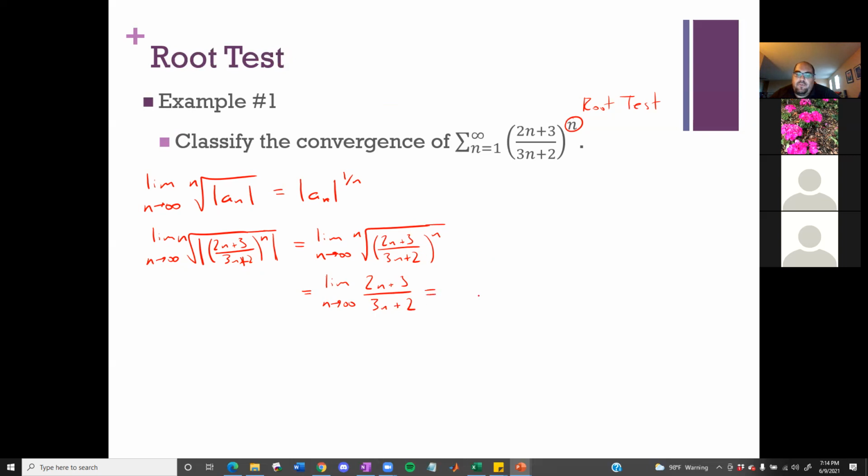And what does this limit equal? Isn't it 2/3? Yep, it's 2/3. So what does that mean about this series? It converges absolutely.